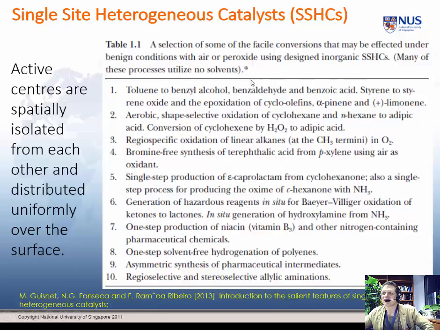Here are some of the very facile conversions that you can effect using inorganic SSHCs, and you don't use any solvents. If you're using the more organic SSHCs that we talked about, where you're using the metal as the active site, you can do some even more interesting conversions.